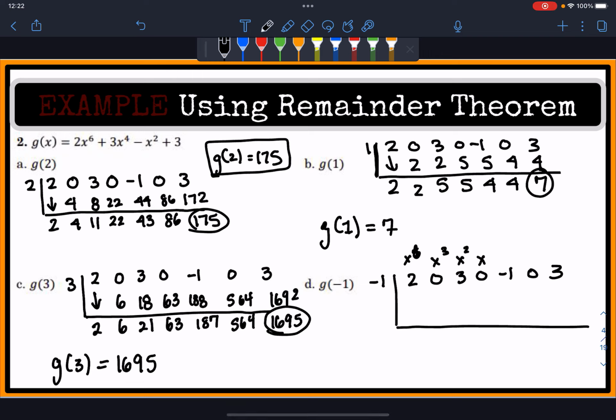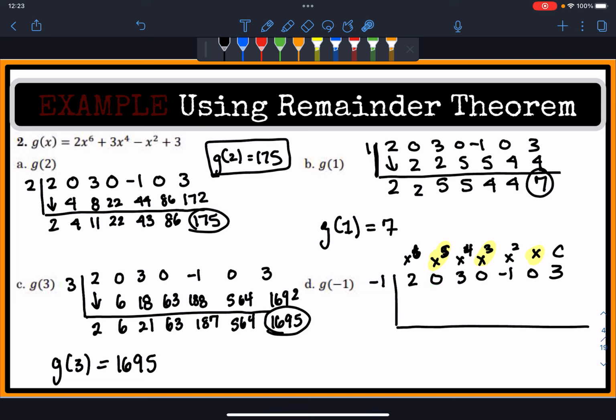So it's x to the 6th, x to the 5th, x to the 4th, x to the 3rd, x squared, x, and then my constant. From 6, every power less than that has to be accounted for. And if one power isn't there, we use 0 as a placeholder. So that's why I have those zeros there.